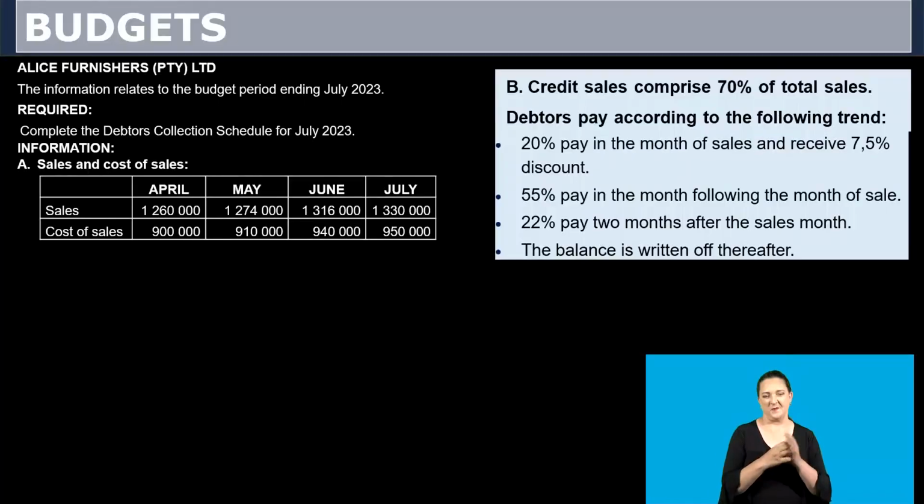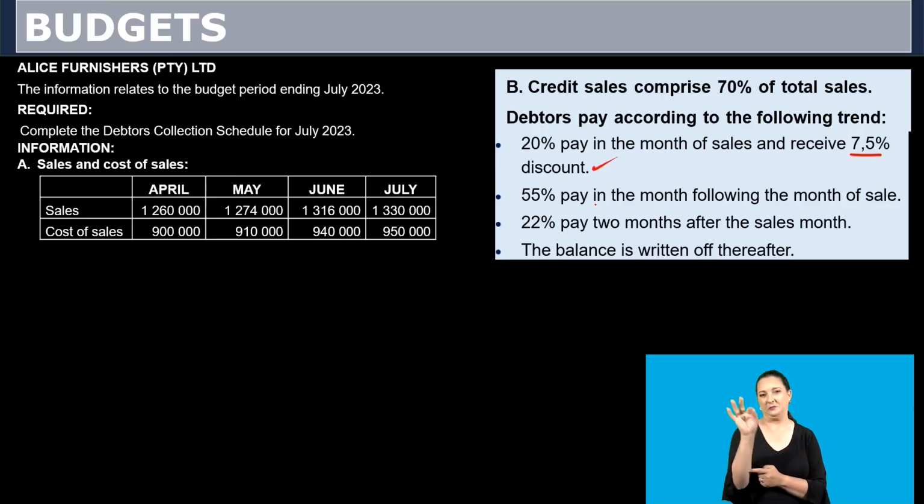Here we have an answer book and we're going to complete the debtors collection schedule. And you will also be given the payment trend, or how we expect our debtors to pay. As you see here, we are told that 20% pay in the month of sales, and they'll receive a 7.5% discount.